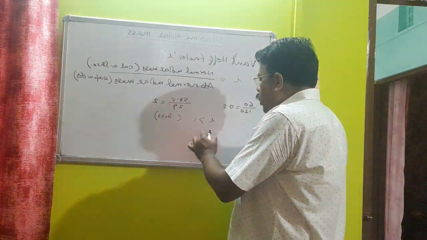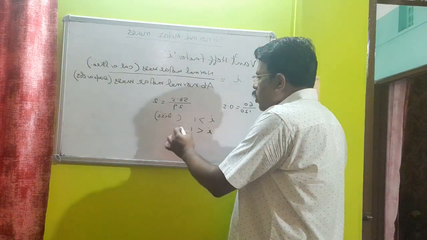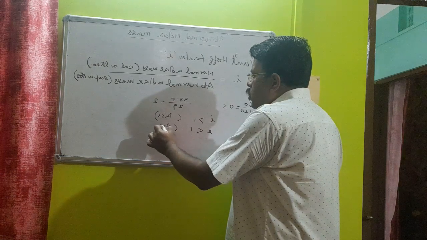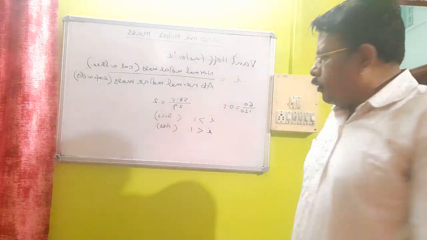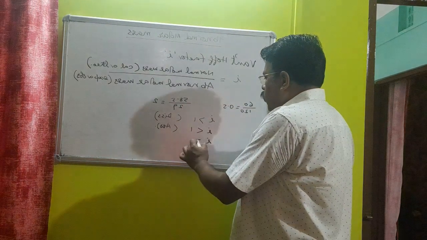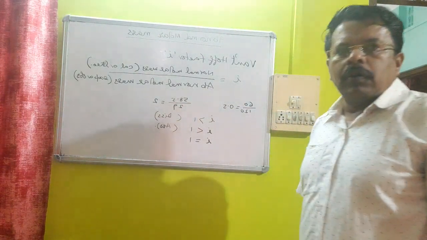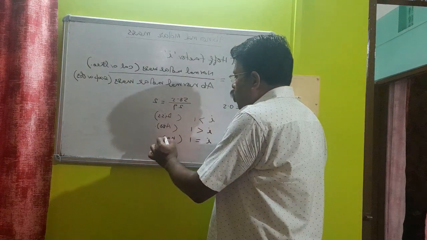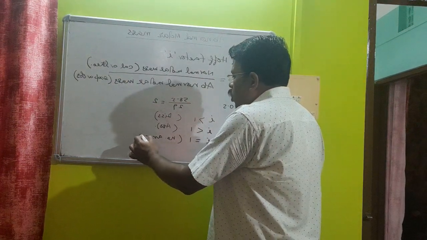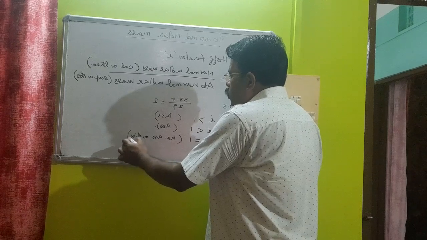The Van 't Hoff factor i becomes less than 1 for association of solute, and Van 't Hoff factor i will be equal to 1 when there is no association or dissociation.